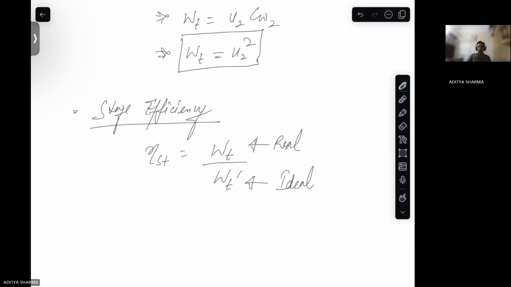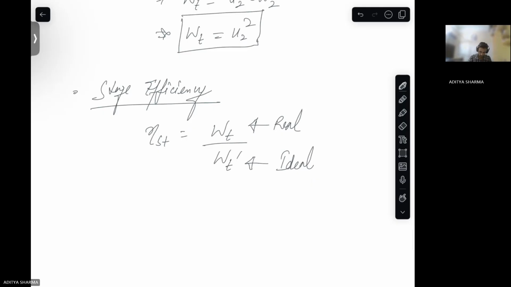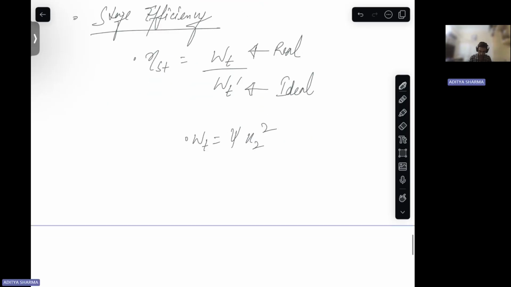Okay. WT is with loading coefficient, this, and then WT dash is your enthalpy change. This.